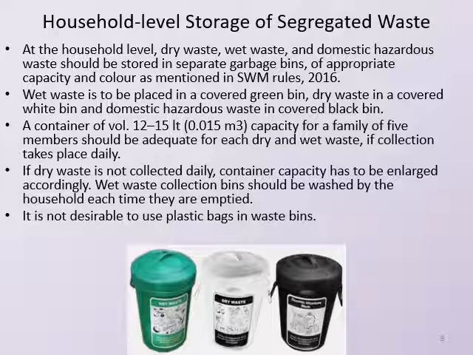You can see wet waste should go into the green bin, dry waste to the white bin and domestic hazardous waste to the black bin, and all the bins should be covered, not open. A container of volume 12 to 15 liters or 0.015 cubic meter capacity for a family of 5 members.